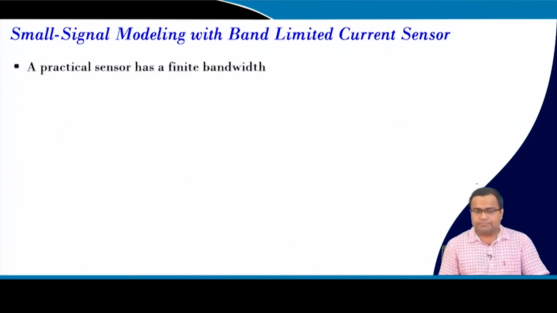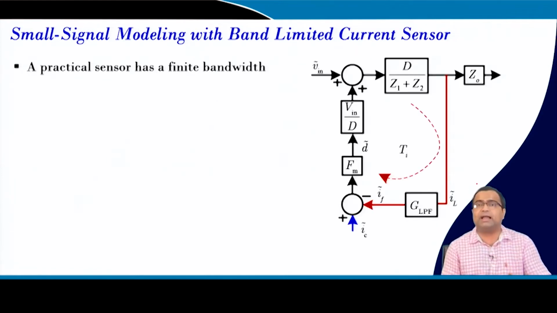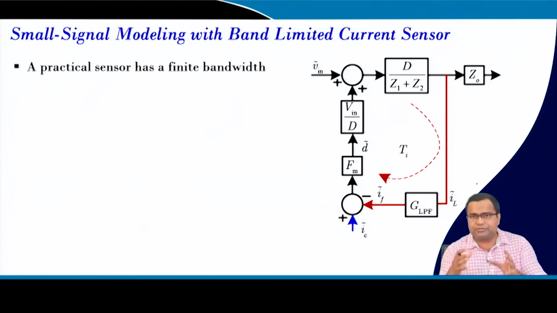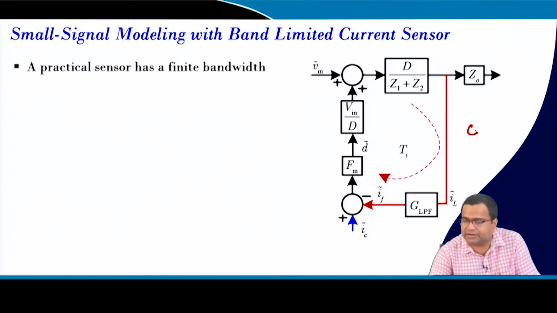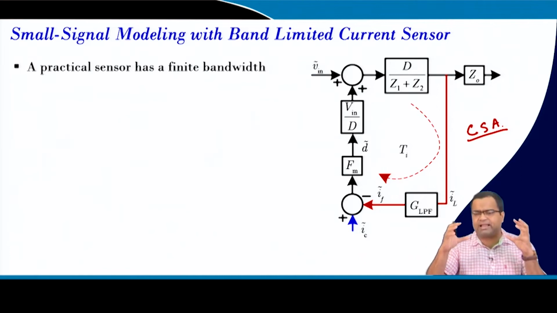Then, when we consider a current sensor for current mode control, the current sensor has a finite bandwidth. If we take a high side current sensing circuit, that means a current sense amplifier, every current sense amplifier has a bandwidth limit, right.